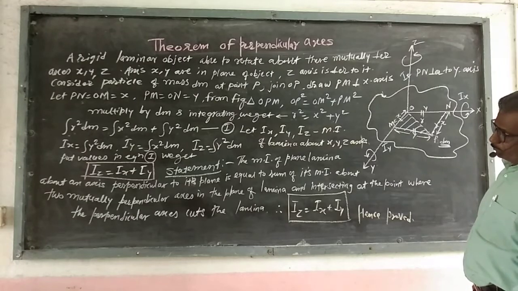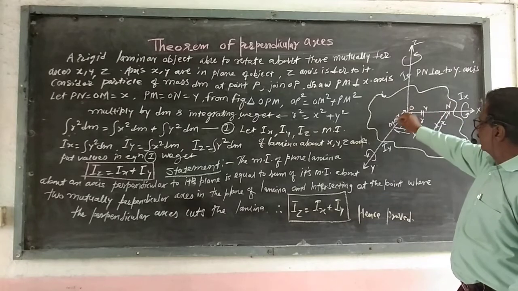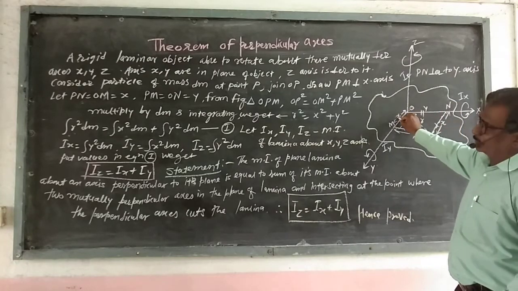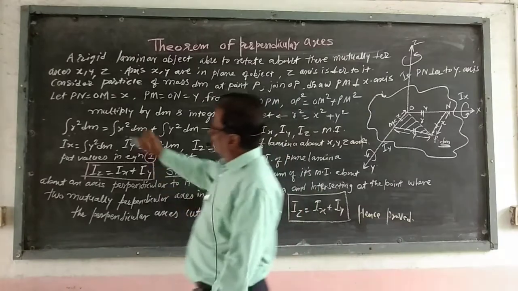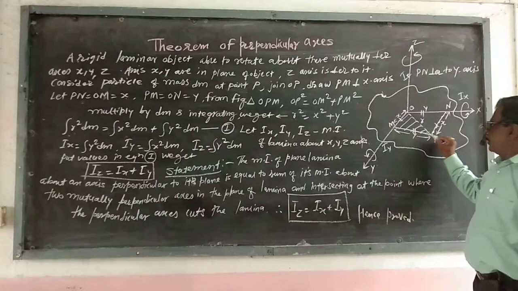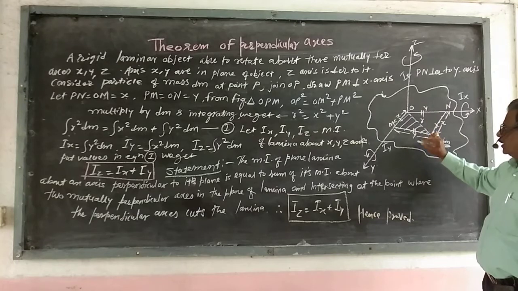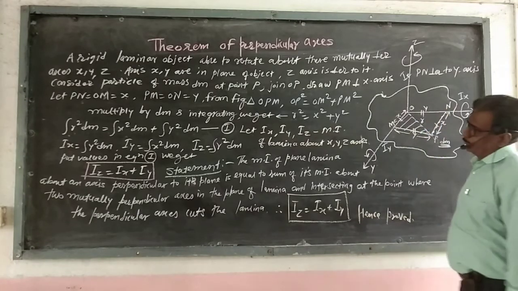Then PN is equal to OM is equal to x, and PM is equal to ON is equal to y. These are opposite sides, equal and parallel.